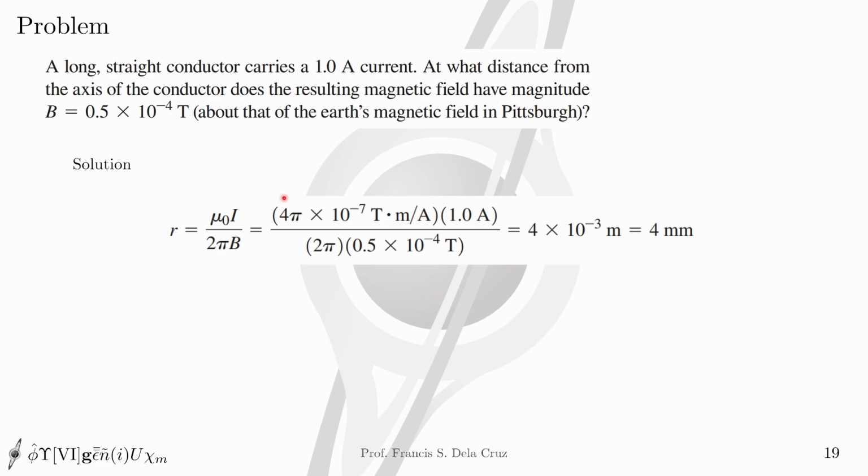So just deriving the expression for r would be this: mu naught I over 2 pi B. Then just substitute all of the values and you will get this. So at 4 millimeters away from that long straight conductor, you will have a magnetic field magnitude of 0.5 times 10 raised to negative 4 Tesla. That's it. That's how easy it is.